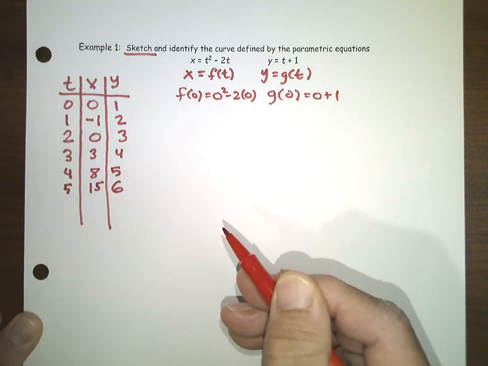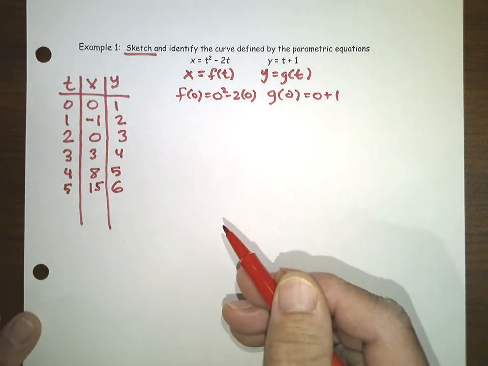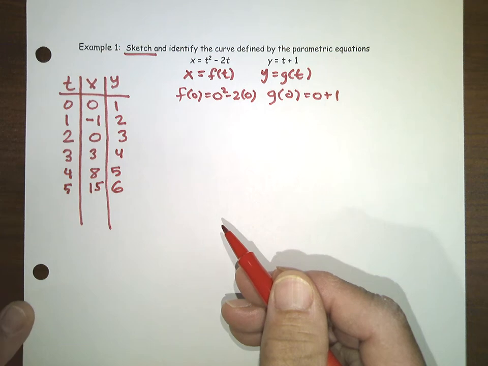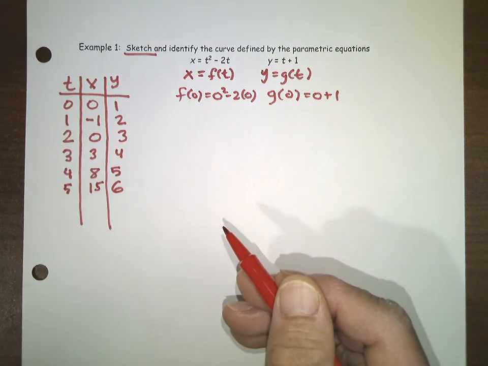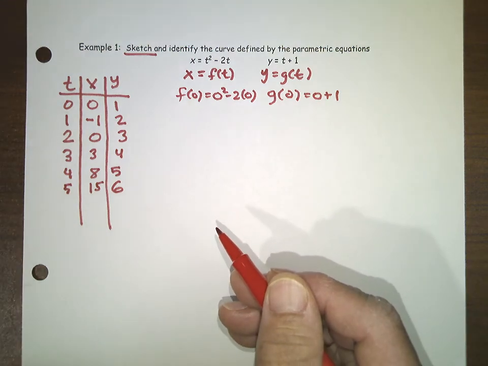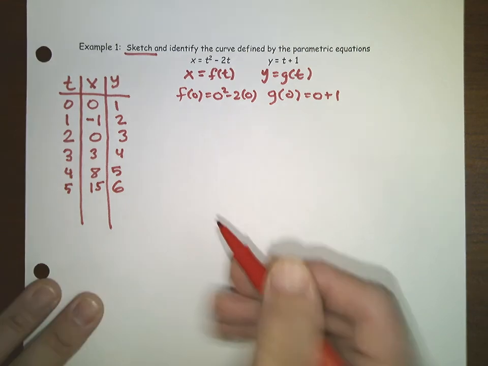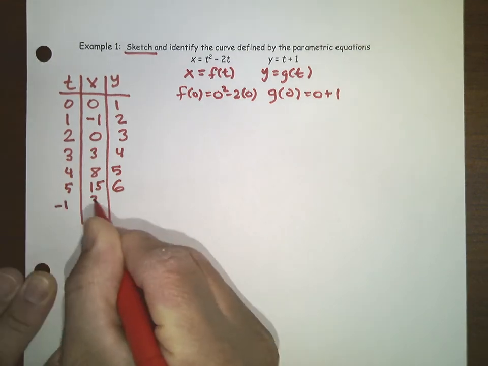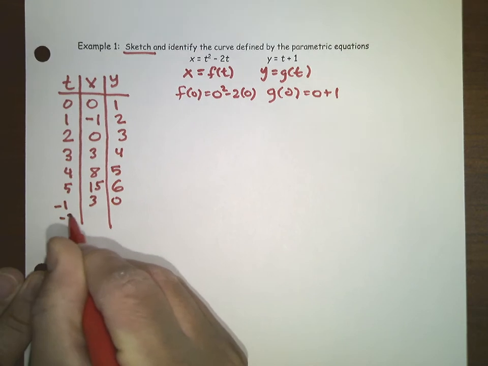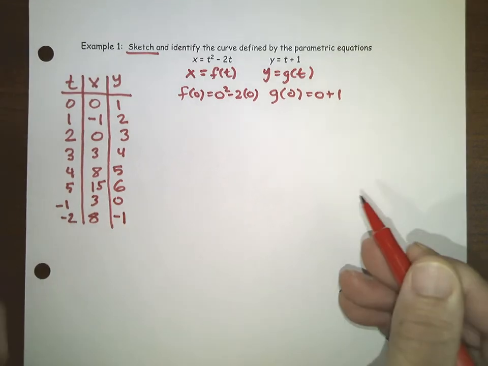You could also pick negative values for t. If t is time, you wouldn't have negative time, but if t stands for some other variable, then you might. If t is negative 1, you get 3, 0, and if t is negative 2, you get 8, negative 1, and so on.